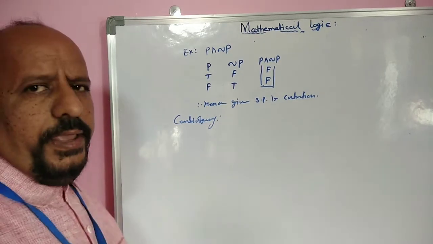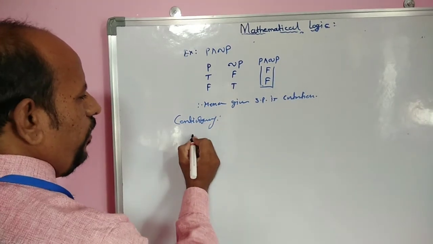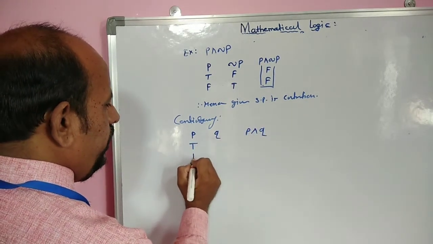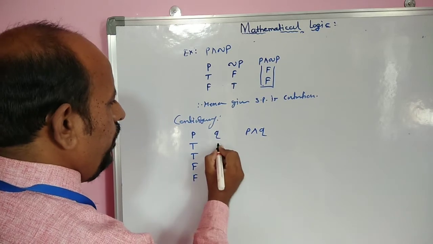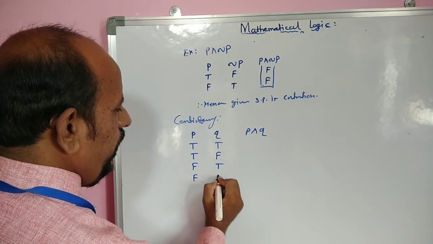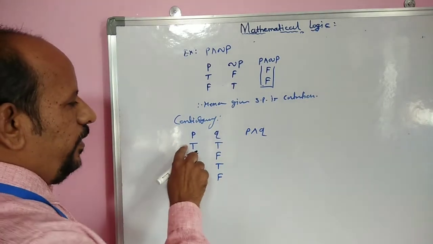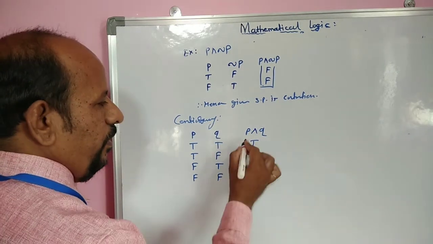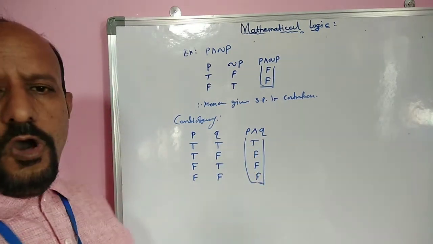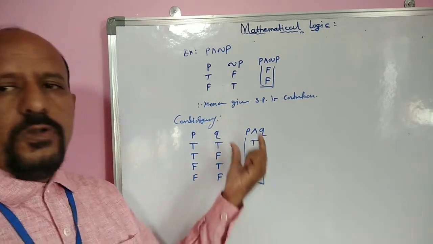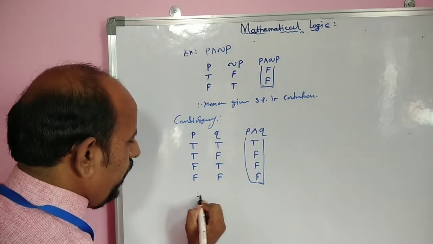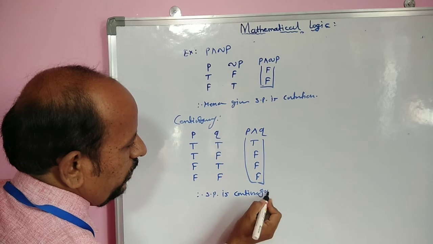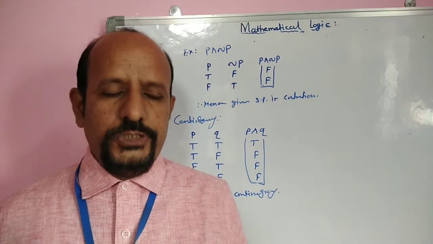For example, take the truth table of conjunction: P, Q, P and Q, T, T, T, and the others F. In conjunction, T, T is always T, otherwise all are F. In the last column, not all are true and not all are false. Therefore the given statement pattern is a contingency.